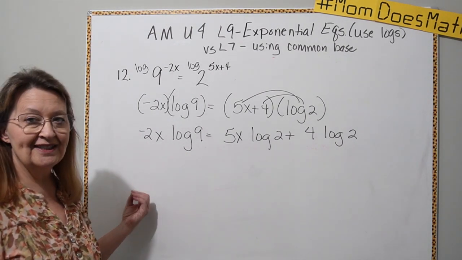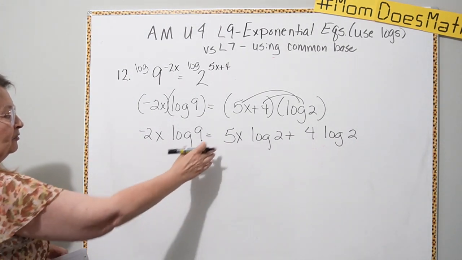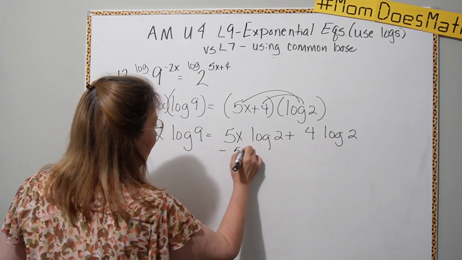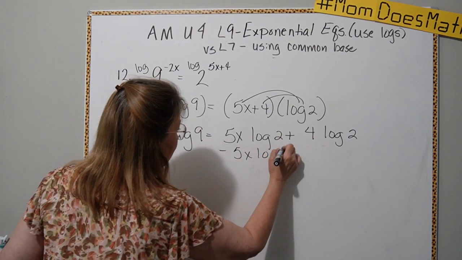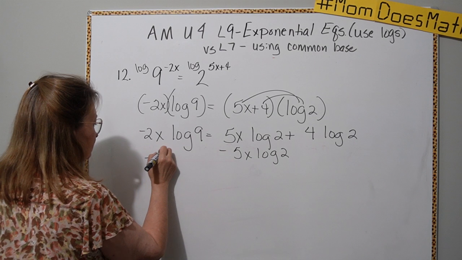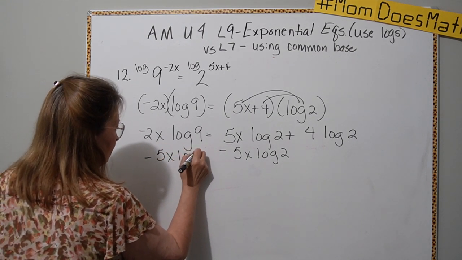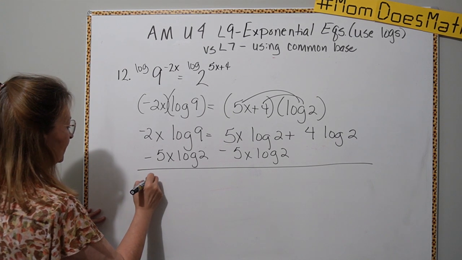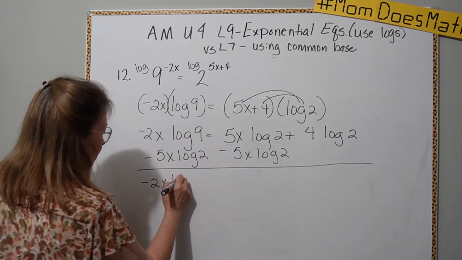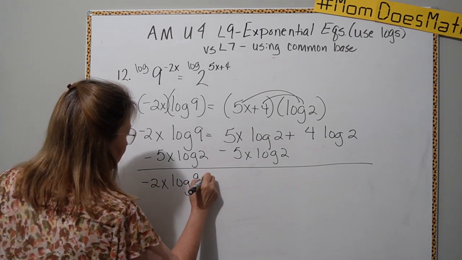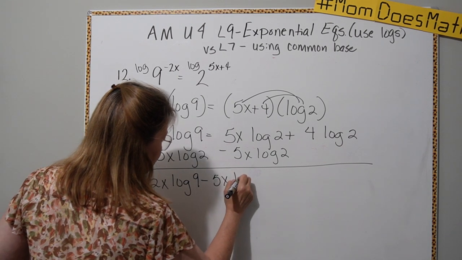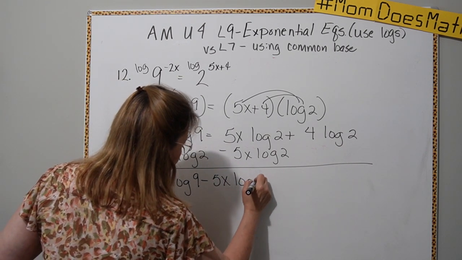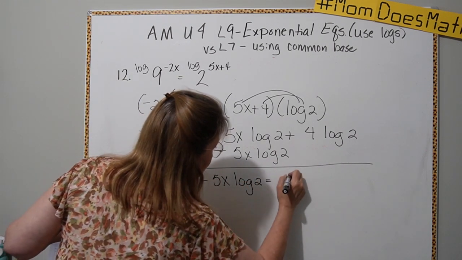So I need them on the same side. I'm going to move this one by subtracting it from here and subtracting it from here. Okay. And what that's going to leave me with is negative 2x log 9 minus 5x log 2 equals this 4 log 2.